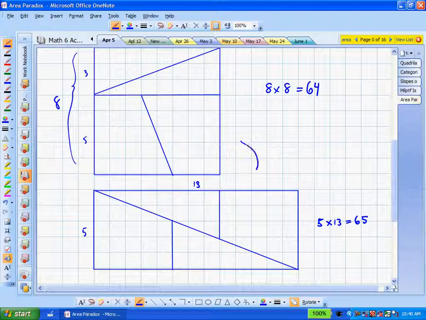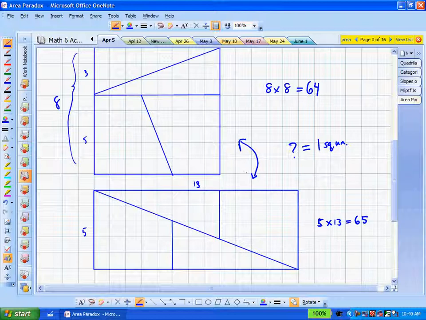We have these two shapes which are made of the same figures. The same four basic shapes were put together. One shape has an area of 64, and one shape has an area of 65, and therefore there's a 1 square unit problem here, because we know that the area should be the same by the conservation of area.